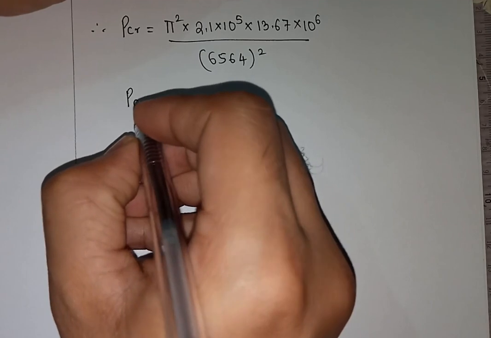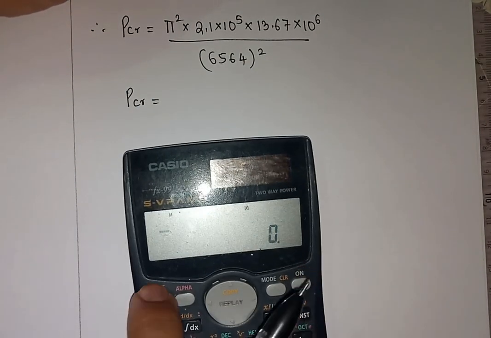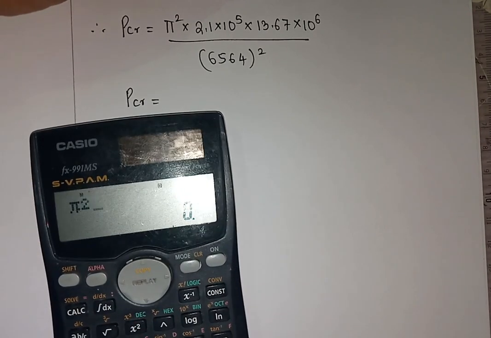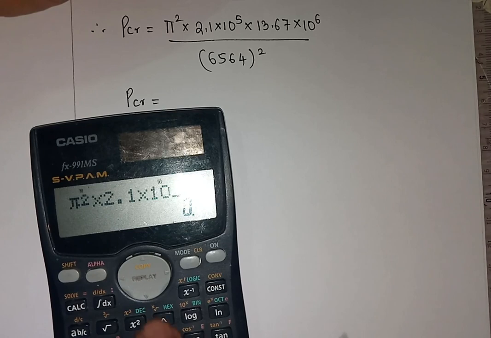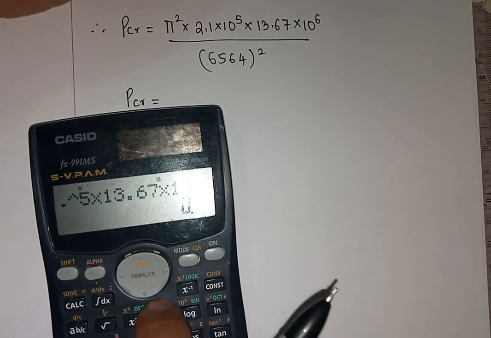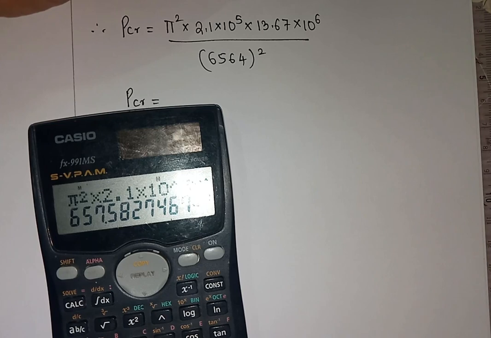So you just simplify this and check out what will be the value. So let me check it. Pi square into 2.1 into 10 raised to 5 into 13.67 into 10 raised to 6 divided by 6564 square. Right, I'm getting the load as 657.58 kilonewton.